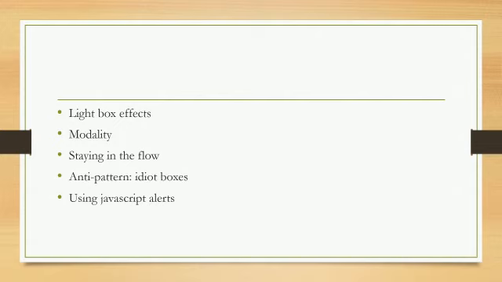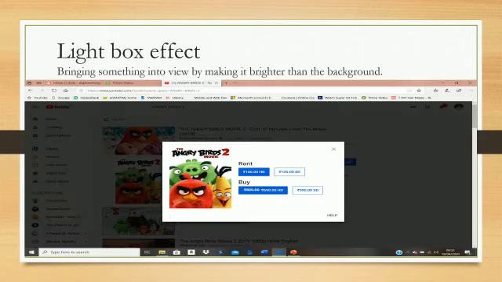Under this type, the dialog overlay, we have 5 topics to learn: the lightbox effect, modality, staying in the flow, idiot boxes, and using JavaScript alerts. The first topic under dialog overlay is the lightbox effect. We can take the same example which we saw previously.